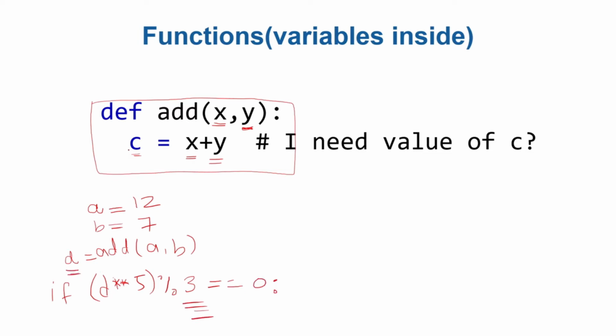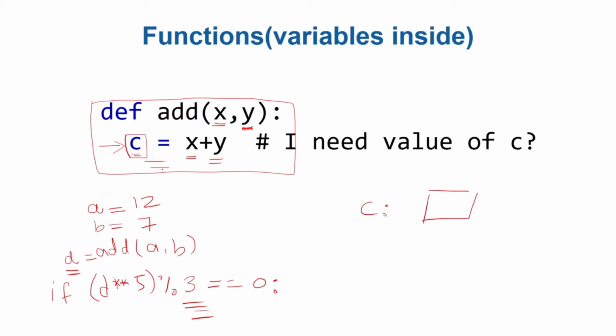What will happen is this c variable is not accessible outside this function, because c is defined inside the function. When the function body completes its execution, c is lost. c is defined when the function call has been made. When you are executing this statement, c is defined, and a memory location is created in what is sometimes called the function space, or process space, in memory.